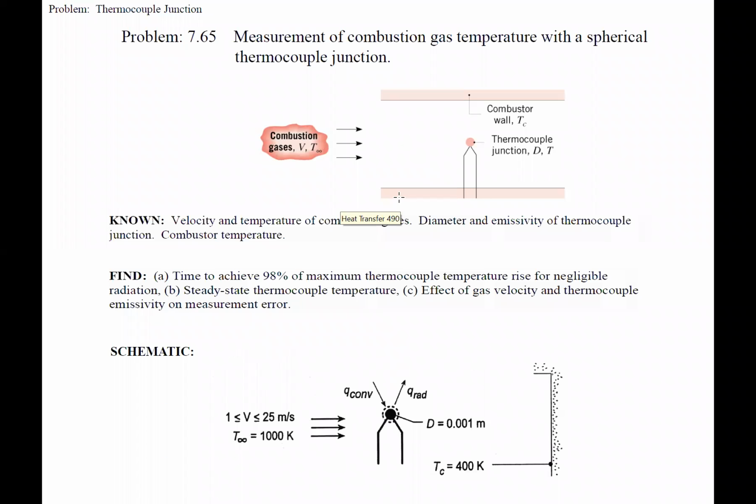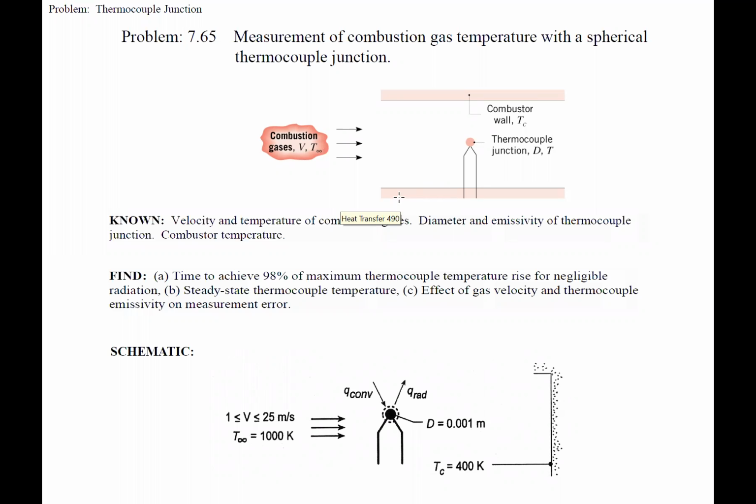The hot gases have a velocity of 5 meters per second. Part A is if the thermocouple is at room temperature, Ti, when it is inserted in the chamber, estimate the time required for the temperature difference, T infinity minus T, to reach 2% of the initial temperature difference. Neglect radiation and conduction through the leads.